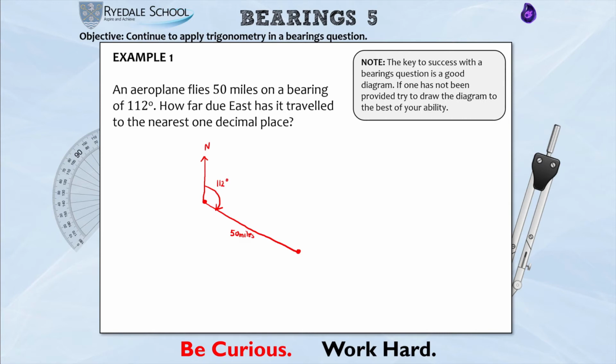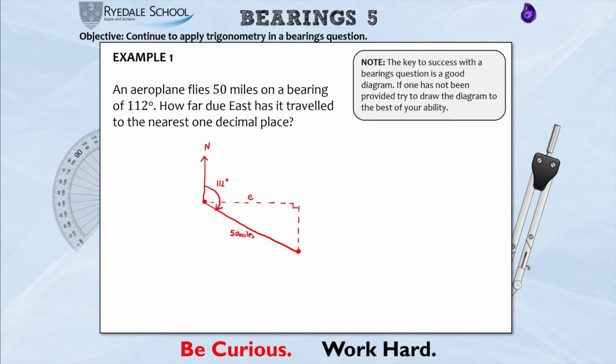Now this question says, how far east has the plane gone? So what it is asking us to do is break that distance into an east component. There is also a south component, because you could think of this 50 miles as going so far east and then so far south. And it's asking us how far east it is. So it wants this distance represented by my dotted line. I will call that E for east.